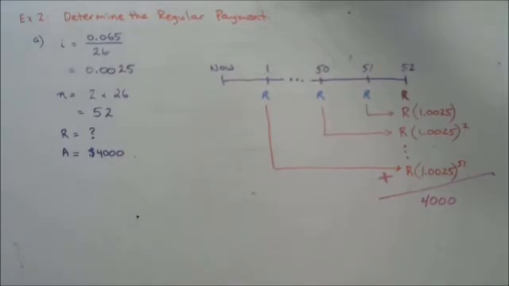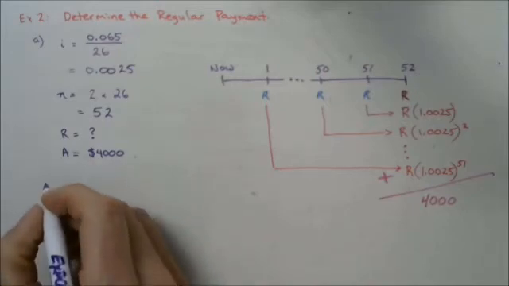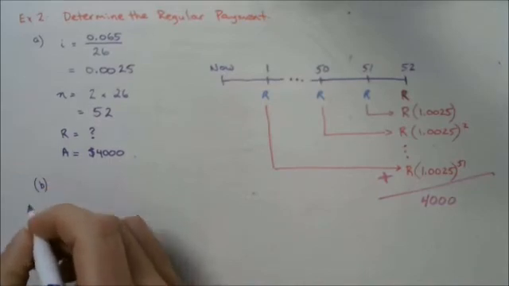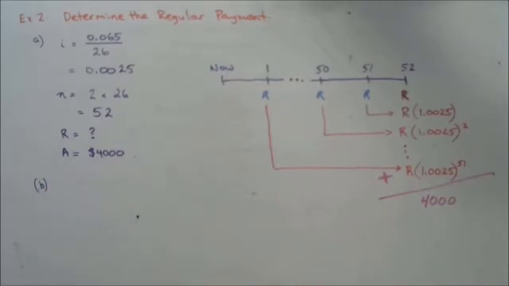All right, so we're going to use the formula for the amount of an annuity, and we're going to rearrange it in order to solve for our regular payment. Now, there's two ways to do that. We can rearrange the formula first and then sub in what we know, or we can sub in what we know and then rearrange. I'll substitute and then rearrange.